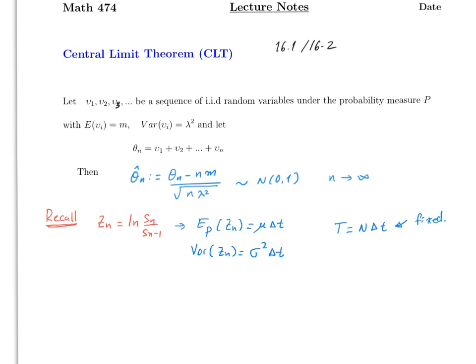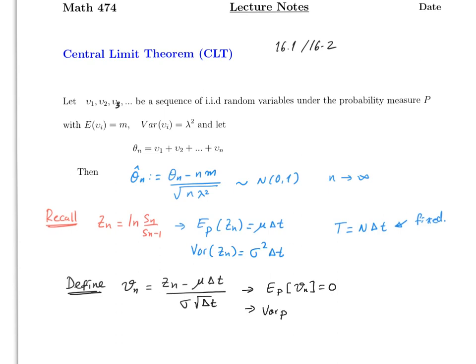So therefore, if we define epsilon n to be equal to Zn minus mu delta t divided by sigma times the square root of delta t, it is easily checked that the expected value with respect to P of epsilon n is 0, and that the variance with respect to P of epsilon n is equal to 1.